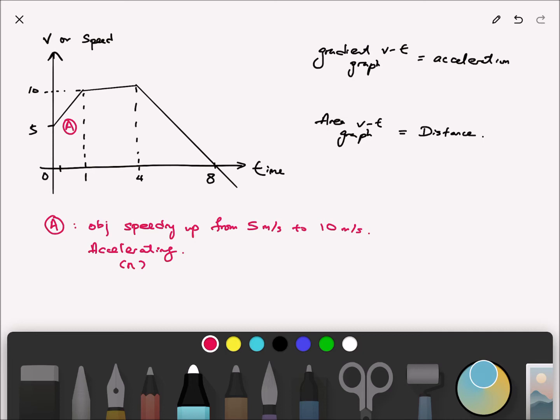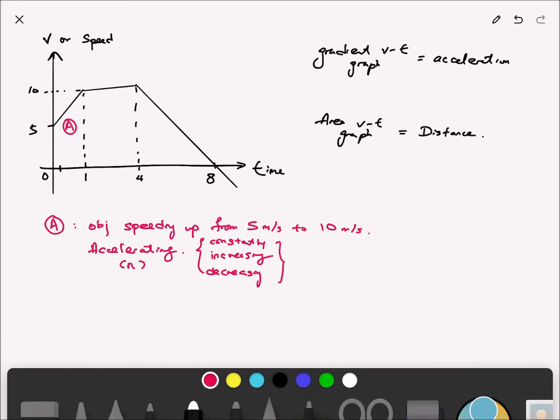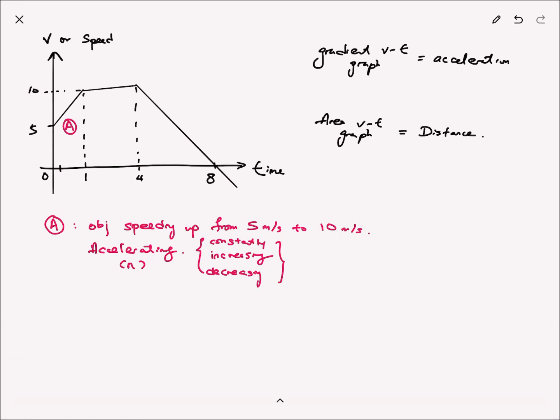There are 3 adjectives that you can choose: constant, increasing, or decreasing. So what do these 3 mean? I will give you an example. For example, if I have constant acceleration versus increasing acceleration versus decreasing acceleration, I'm going to show you what it means.